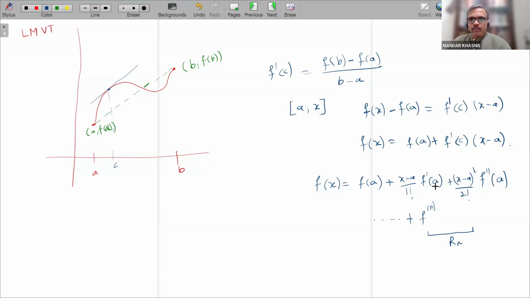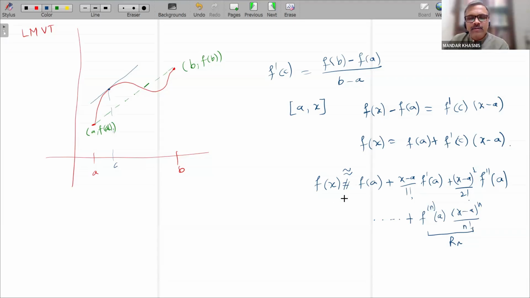But practically what people do is they are okay with writing this as approximately equal to, and even working with the derivative at a itself, then x minus a raised to n upon n factorial, or n plus 1 upon n plus 1 factorial, whatever the notations are.